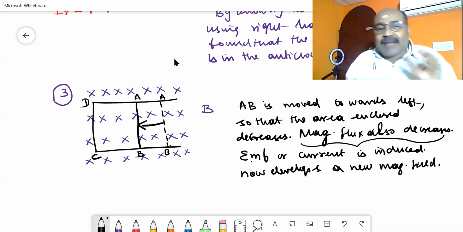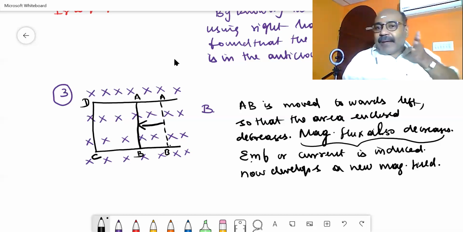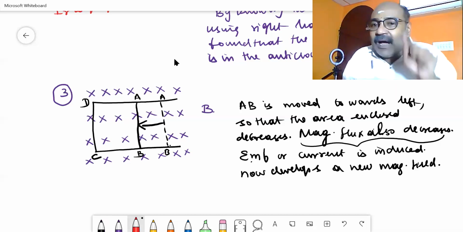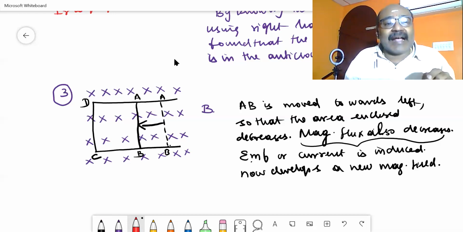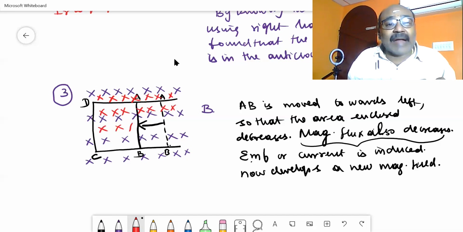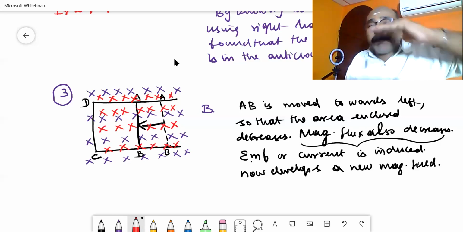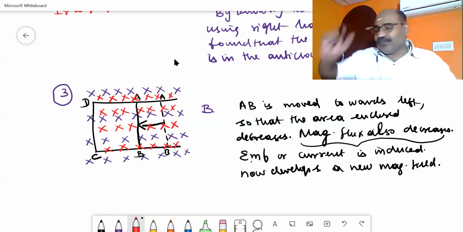See, the existing magnetic field is perpendicular to the paper and inward. Now the new magnetic field, again I am representing with the red color, is again acting in the same direction as the original magnetic field. So I am representing it as crosses perpendicular to the paper and inwards, so that we can say this newly developed magnetic field is able to oppose the decrease in magnetic field.